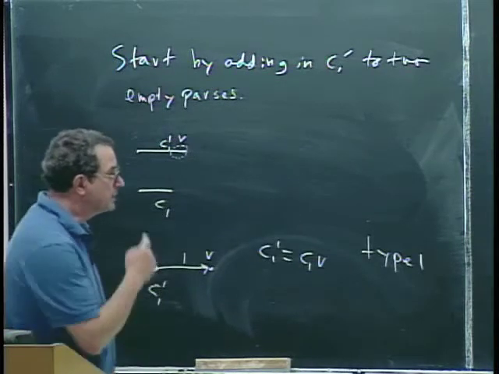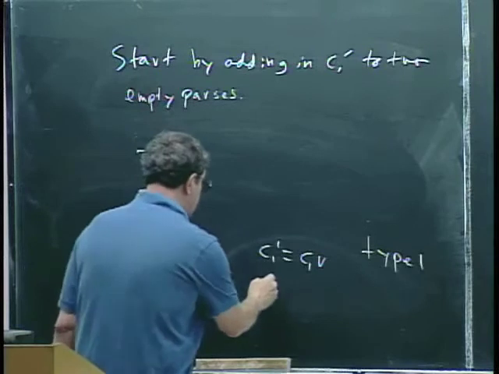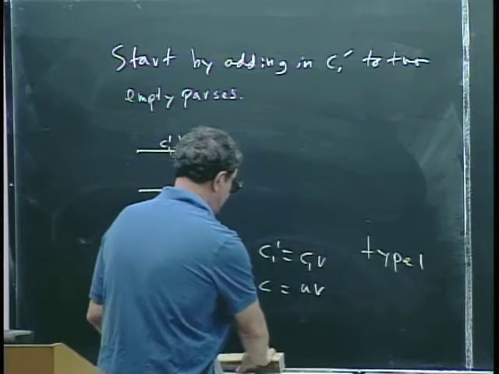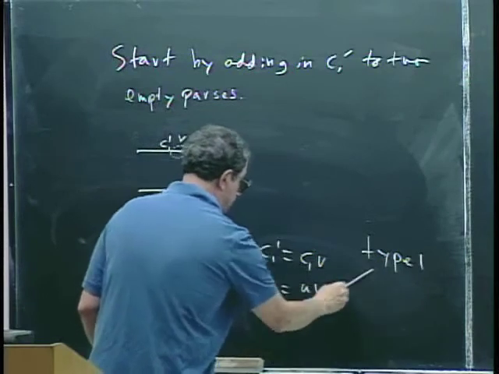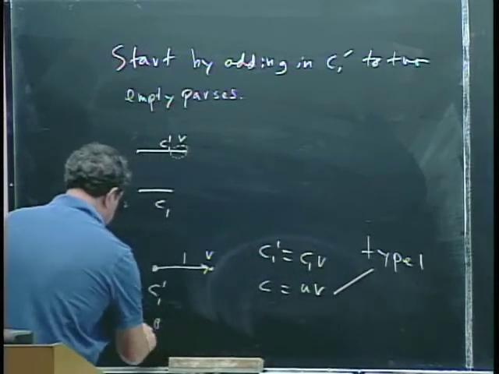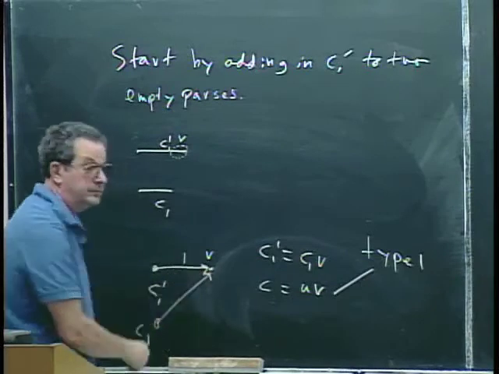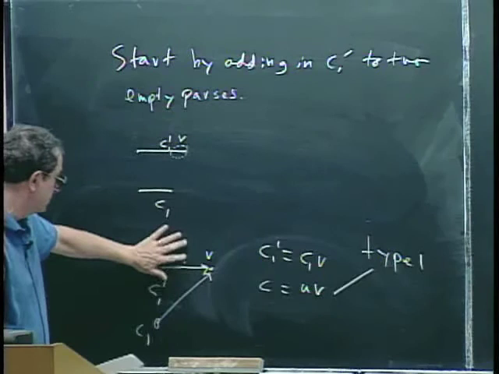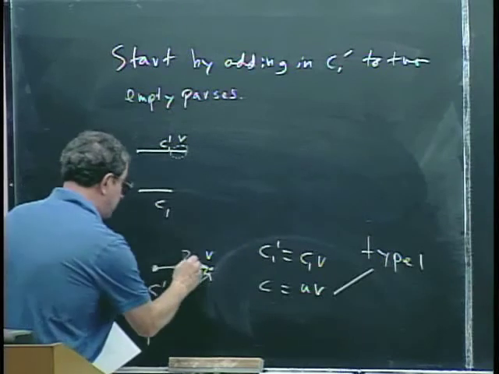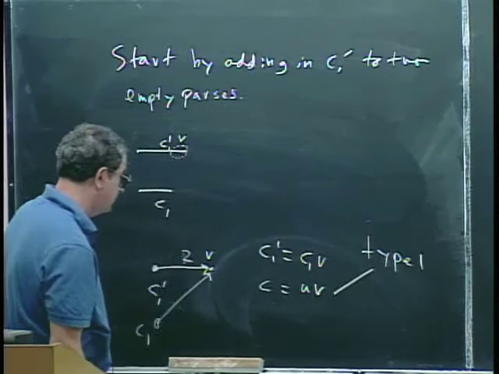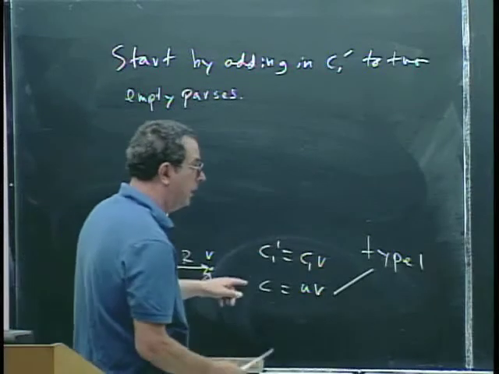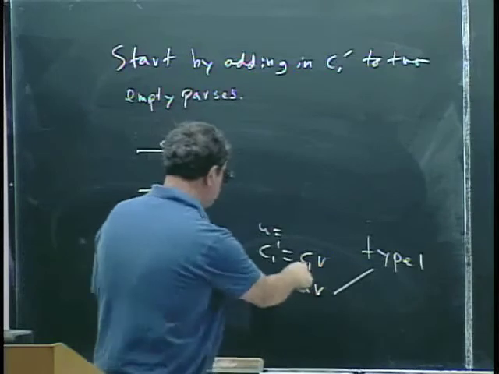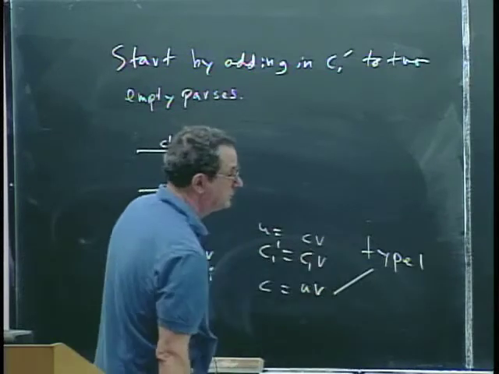Oh, okay. So, all right. So C equals UV. Yes, as a type 1, that should be C1 goes to V. Okay. But can we interpret this then as a type 2? Yeah. Okay, so we should interpret this as a type 2 because this looks like U equals CV. Okay, so type 2.